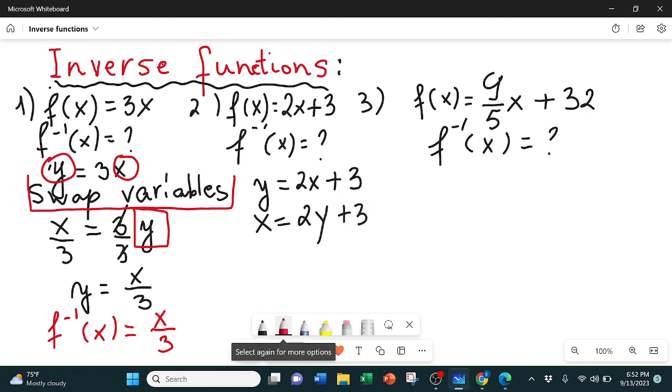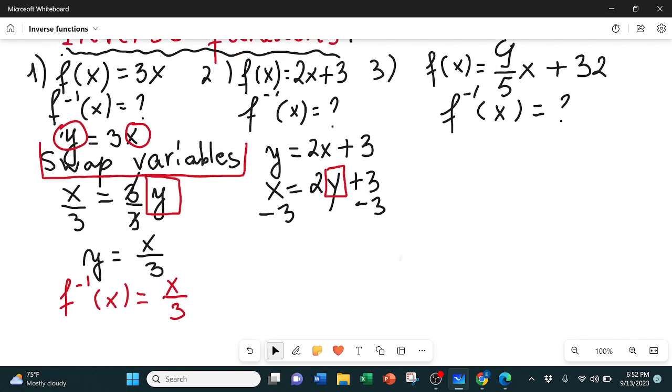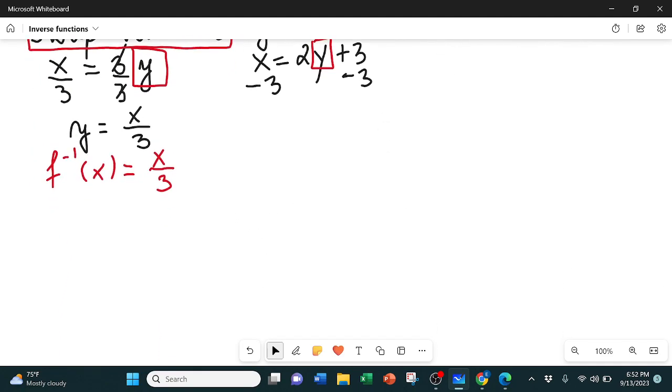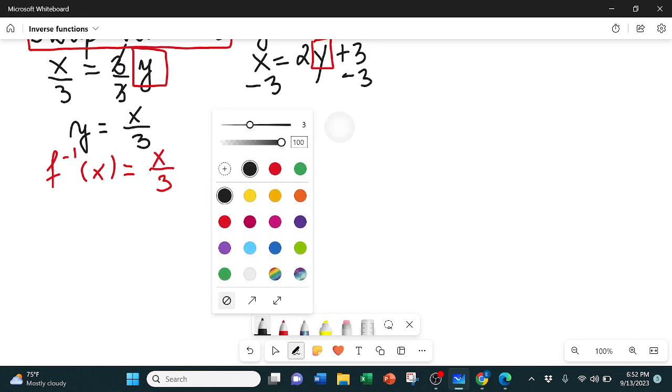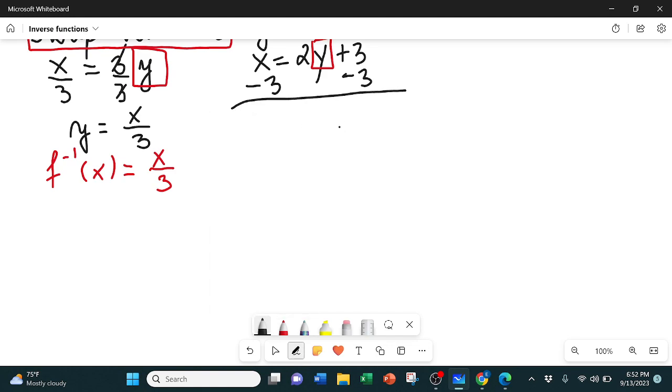And then we're going to solve for y. In order to solve this equation, first of all, we're going to subtract 3 both sides of this equation. And we're going to rewrite x minus 3 equals 2y.